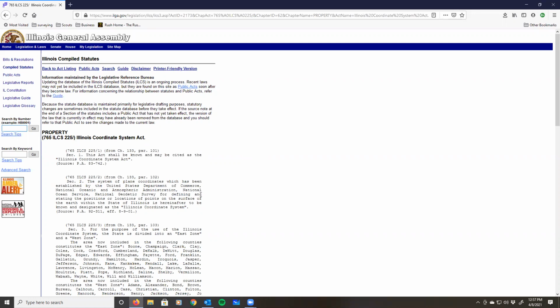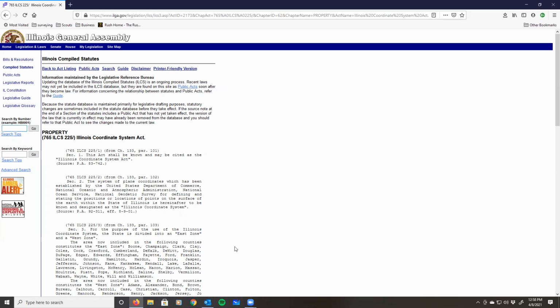So, for example, Illinois, as I mentioned in last Thursday's lecture, is broken up into an east zone and a west zone using transverse Mercator projection, which basically creates a long north-south map of the state using a particular meridian that it's centered on.